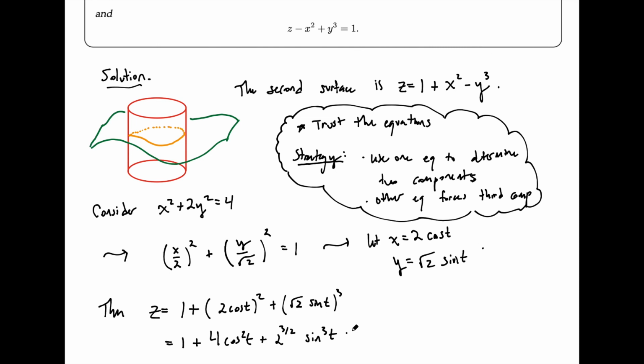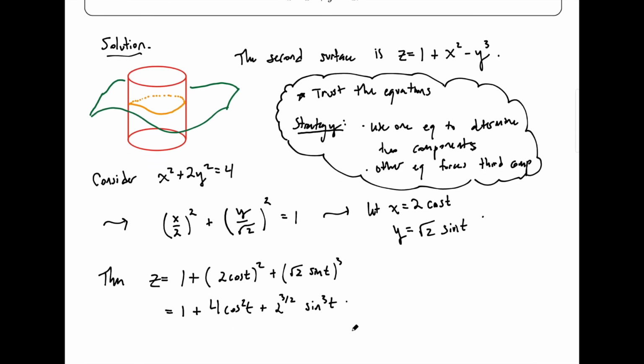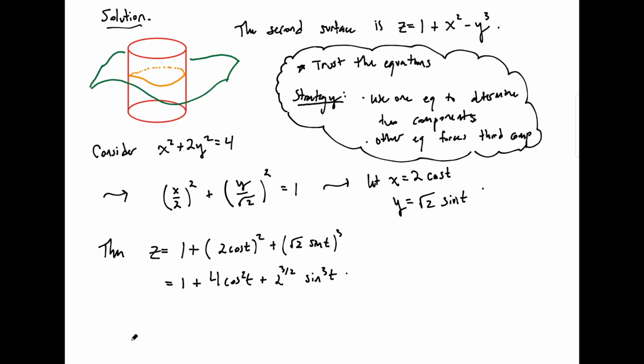There's our z function, and then if we want, we could write this in vector form, and then we've successfully parameterized this curve. So to conclude, I can say that our parameterization, r of t, is going to be a vector. It has 3 components, because this is a curve in 3 dimensions. The x component up here is 2 cosine t. The y component is root 2 sine t.